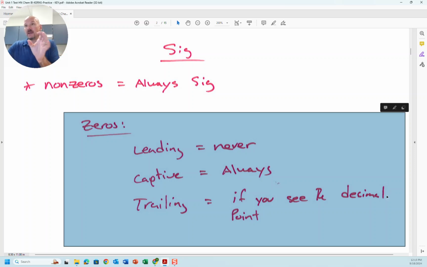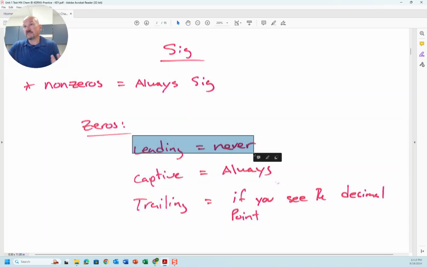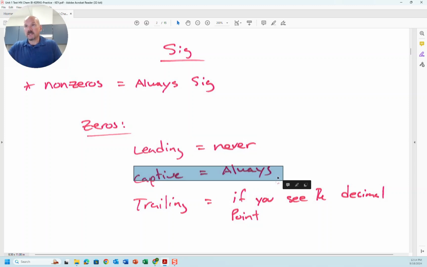If they're between non-zero digits, we call those captive zeros, and sometimes they may be sandwich zeros. And if they're zeros to the right of the last non-zero digit, that's what a trailing zero would be called. So you have to define the zero as one of these, and then you have to know the rules. Leading zero is never significant. That's an easy one. Captive zeros are always significant. That's another easy one.